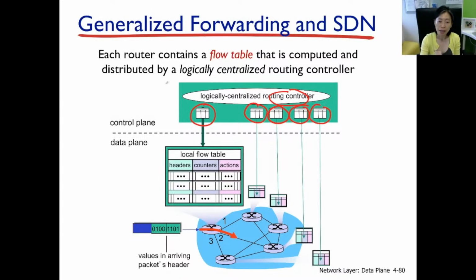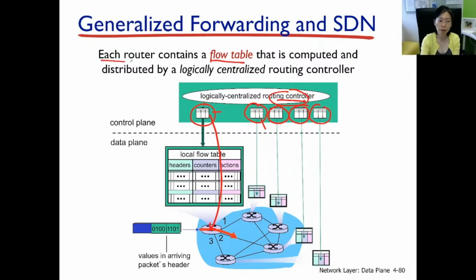Now, in SDN, tables are generated as well from the routing algorithm computation, and we also install these tables to the data plane of the SDN routers. You see, the control plane to data plane connection between SDN and traditional routing is very similar. The only slight difference is this. In traditional routing, we call these the forwarding tables, but in SDN, we call them the flow tables.